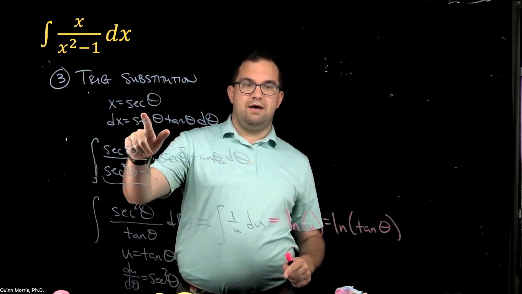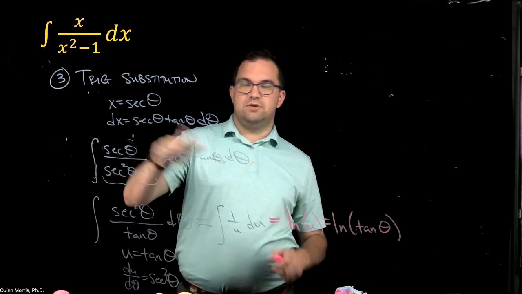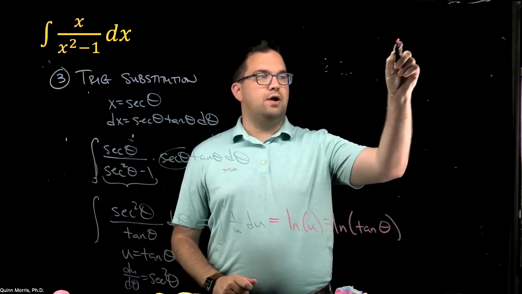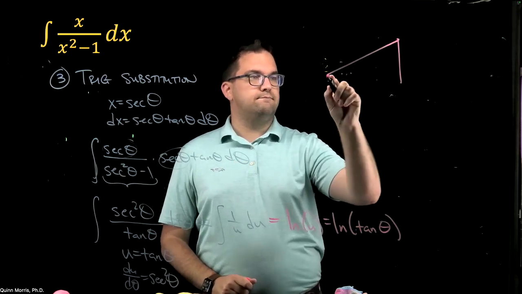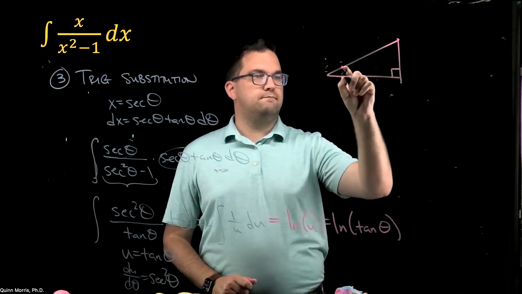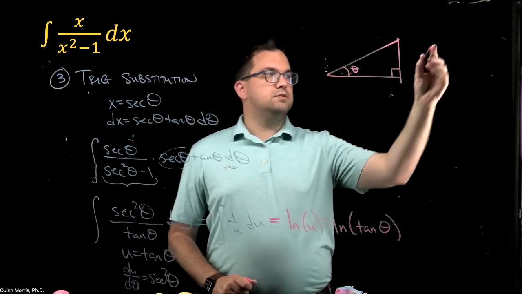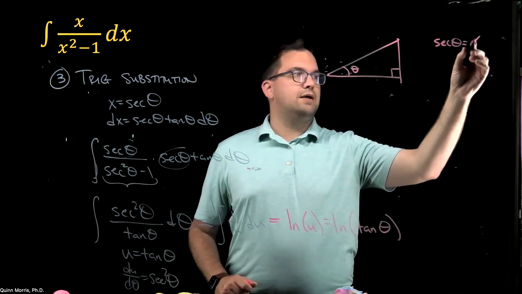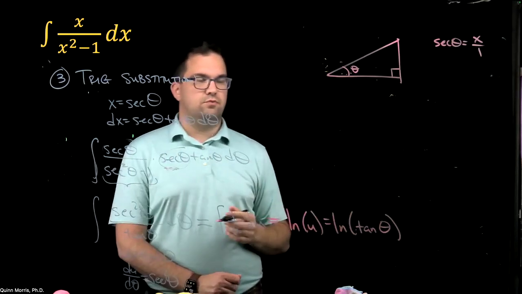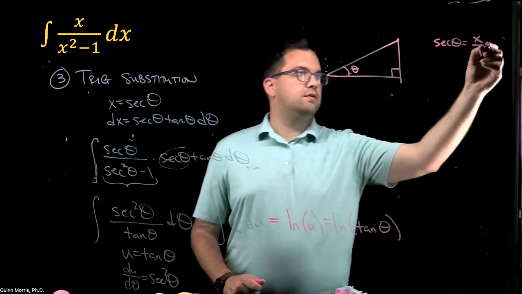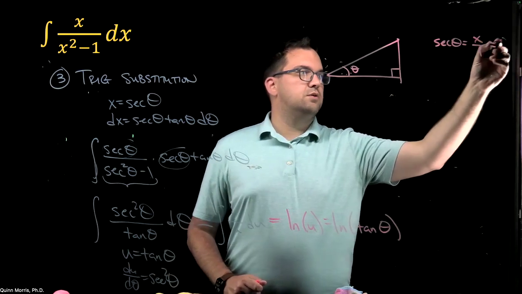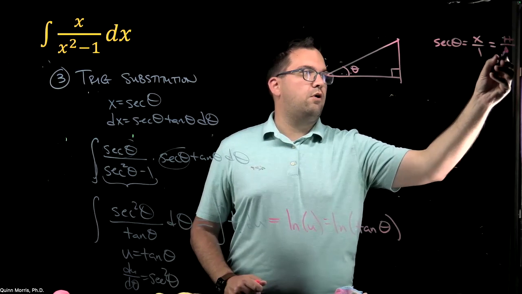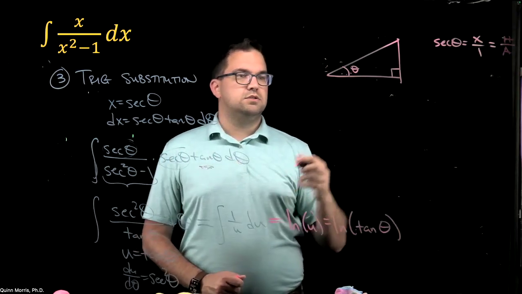So I have x equal to secant theta. I need to draw a reference triangle. If secant theta is equal to x, in this case x over 1, and secant is 1 over cosine, so it's hypotenuse over adjacent.